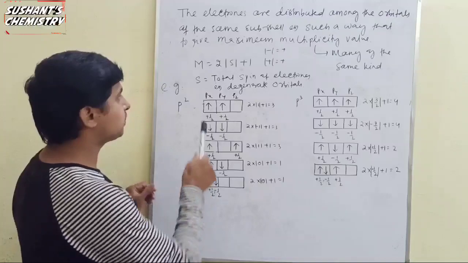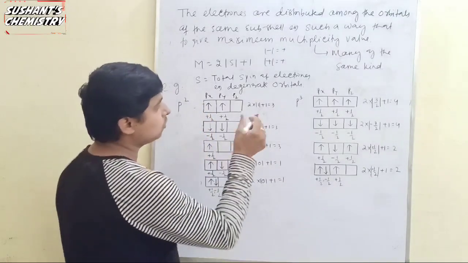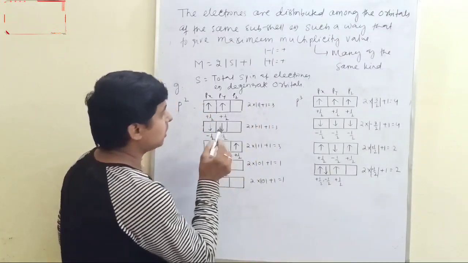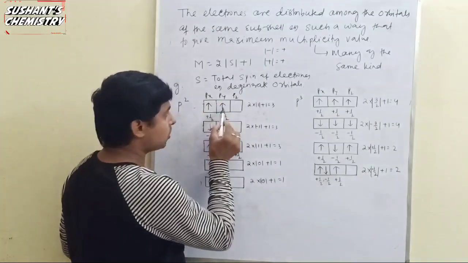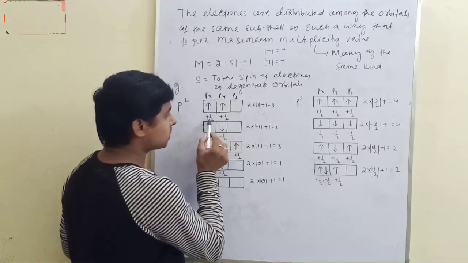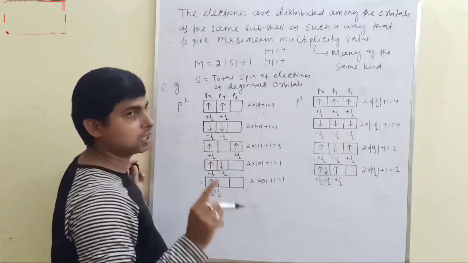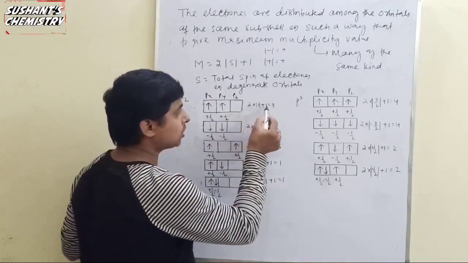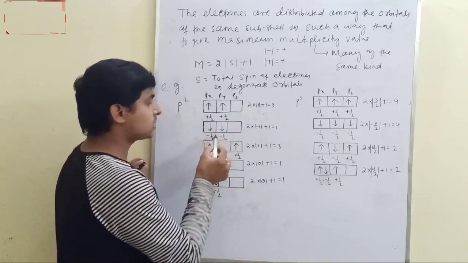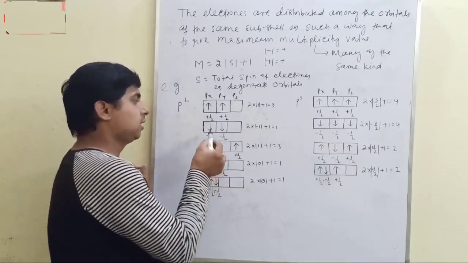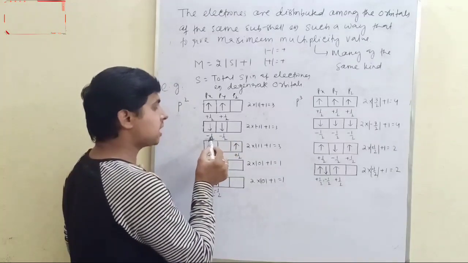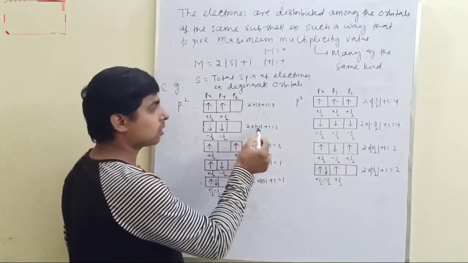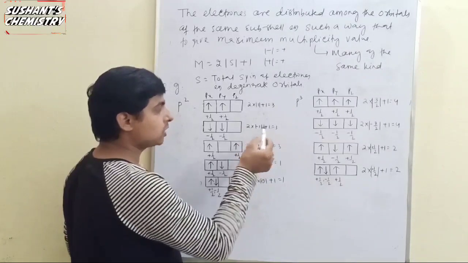By applying this formula, we get M equal to 3. Because here, for this electron the upward spin is equal to plus half, plus half plus half equals 1, 2 into 1 plus 1, 3. Similarly, for this configuration, the spin of this electron is minus half, minus half plus minus half equals minus 1, mod of minus 1 equals 1, 2 into 1 plus 1, 3.